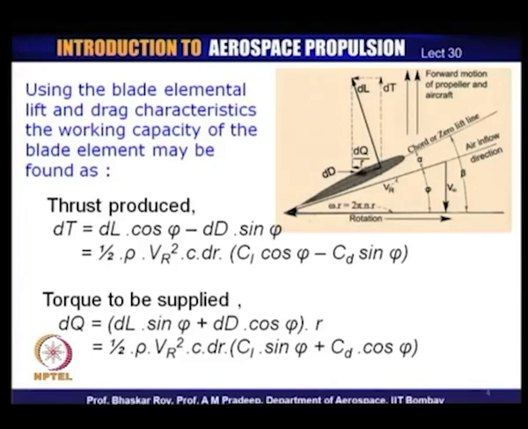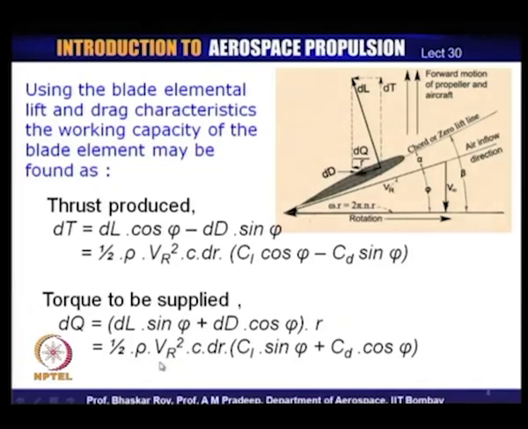Now, this is to be matched by the engine supply. So, torque is required for the propeller to be operated, and this is to be supplied by the engine. Again using the same diagram, we can write down the torque equation here in terms of the elemental lift and the elemental drag, and in terms of the local flow angle phi.